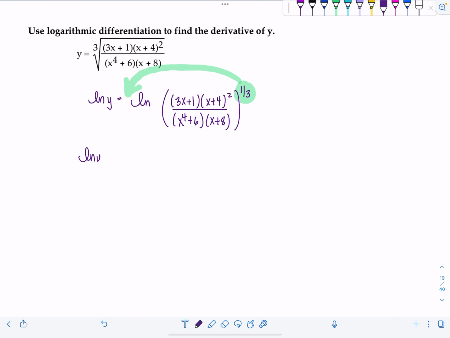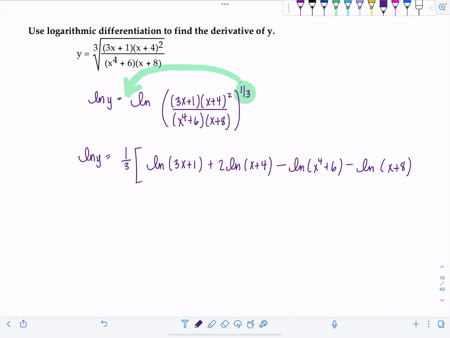So we have ln of y equals 1/3 times, and then expand your logarithm further into 4 terms. So we'll have ln of 3x plus 1 plus, that 2 is also going to move to the front, ln x plus 4 minus ln x to the 4th plus 6 minus ln x plus 8. If you need a review of your logarithm properties, I'll link a video here for you.